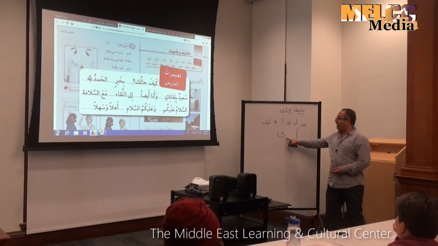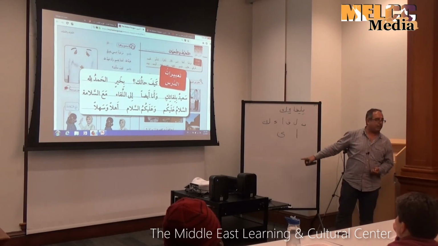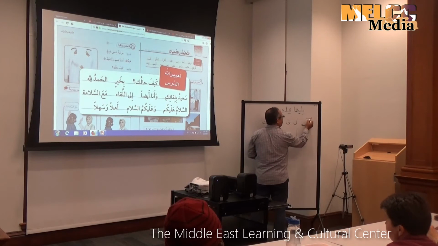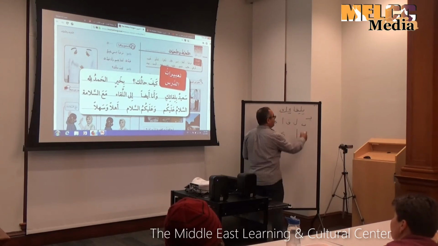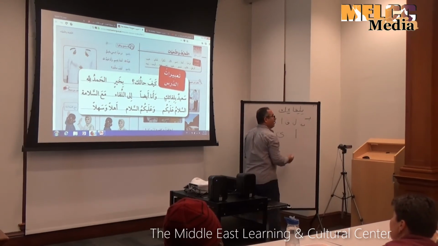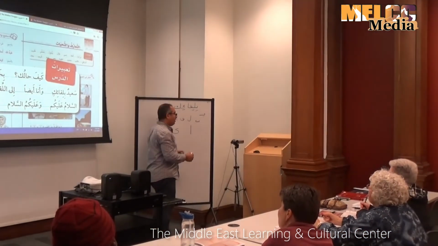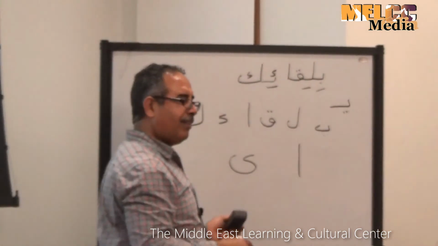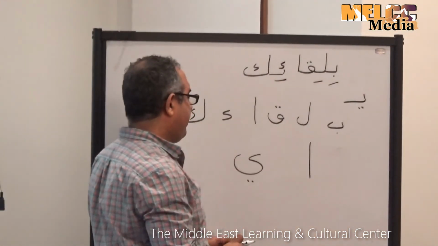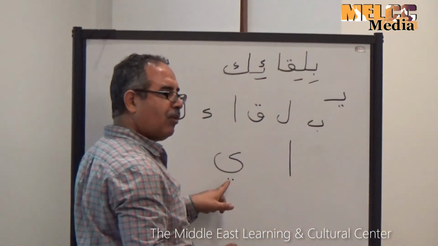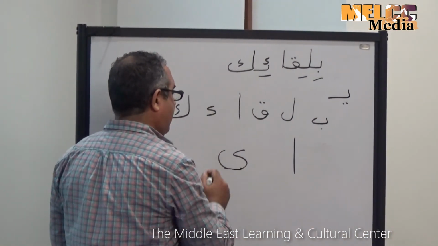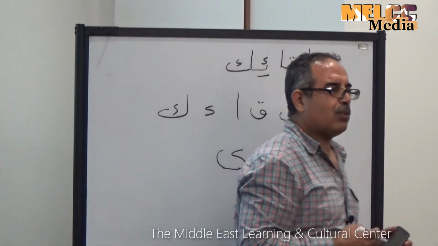But ya here, only this shape of ya. So the other ya, for example, when you tell me this ya has no dot, it is alif? No, it's not alif. Only this, the duck, remember? The duck shape ya, if it does not have those two dots, it is alif. And we call it alif maqsura.